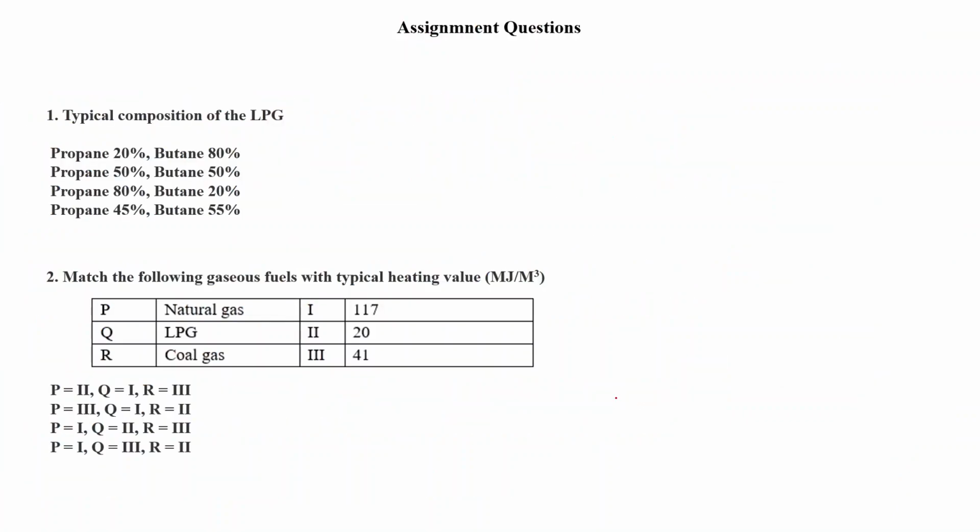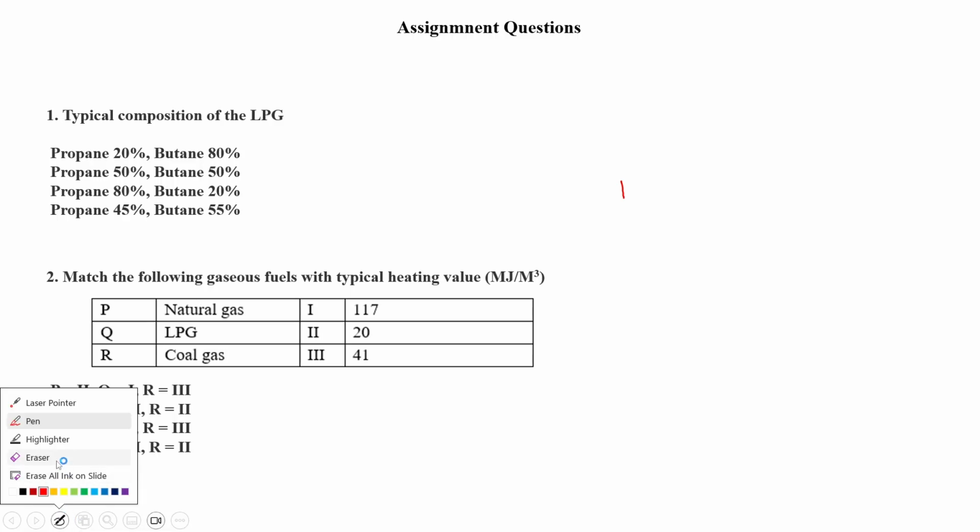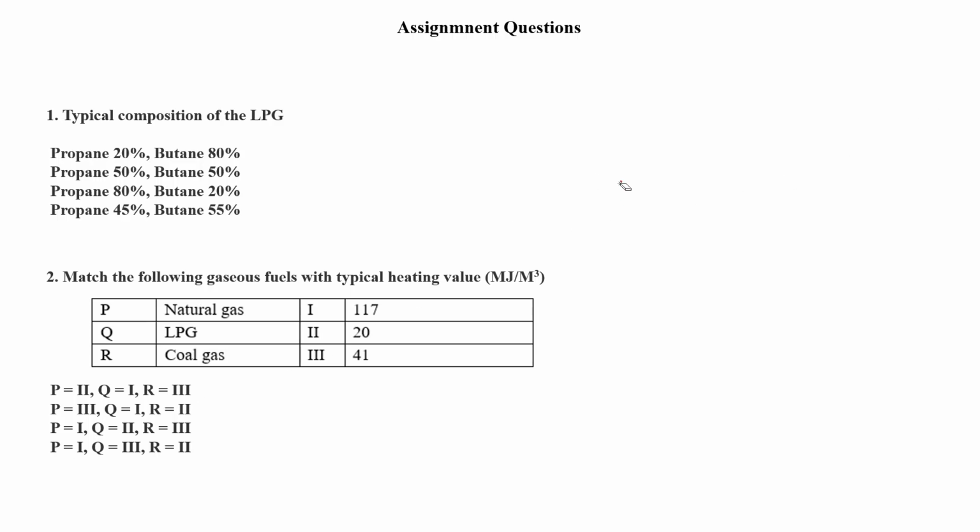So let us come to some of the questions. The first question: typical composition of LPG.